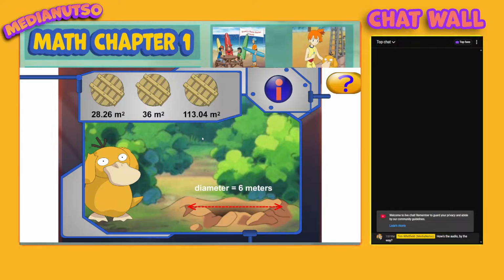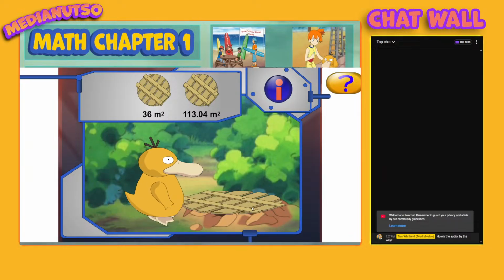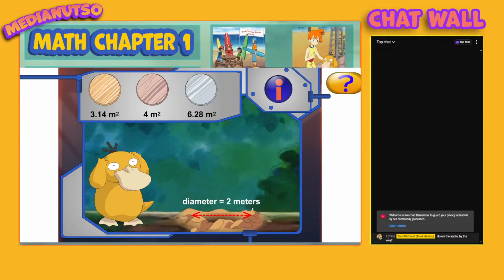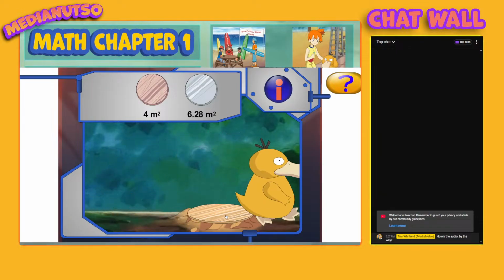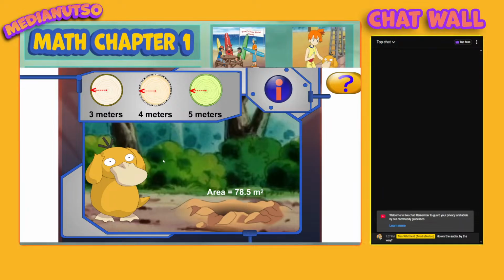Which circle will fill the hole in the path? Awesome! Here are more holes to fill. Great!